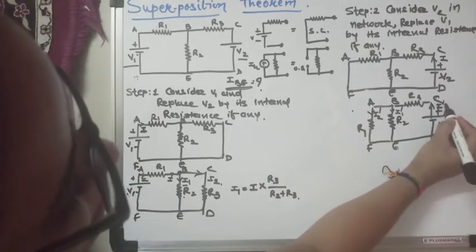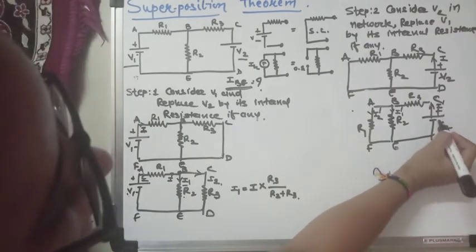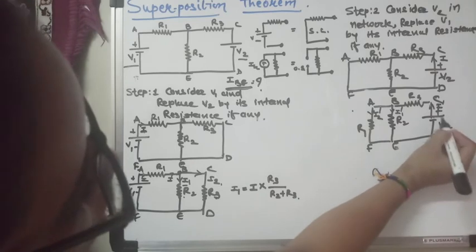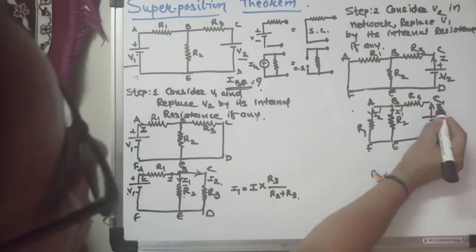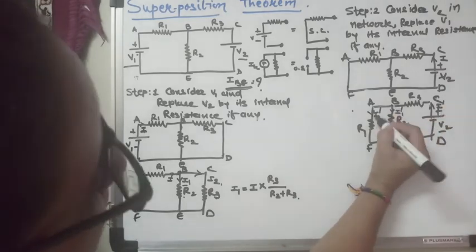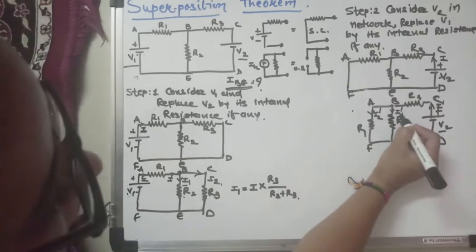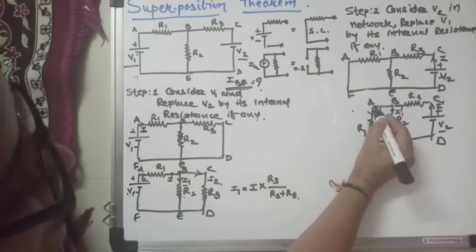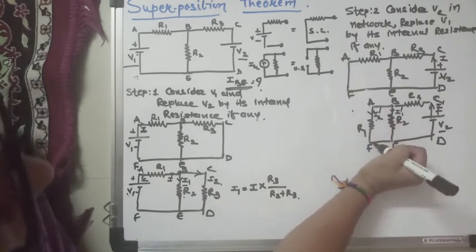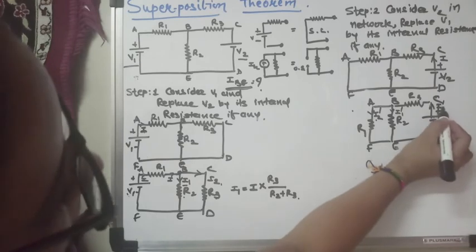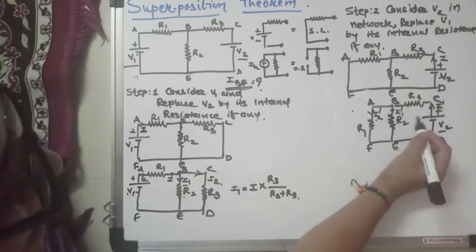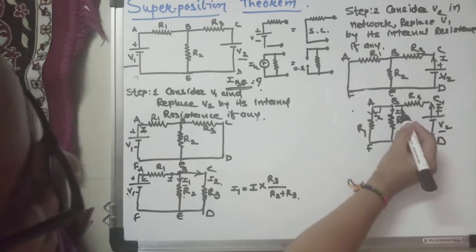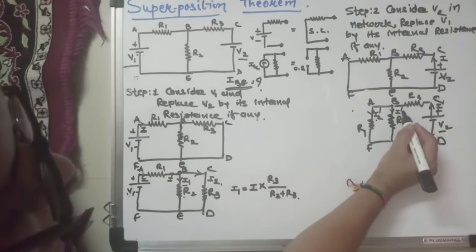Here I dash is the total current supplied by the source V2, and it is divided into two branches at node B: I1 dash flowing through the branch BE, and I2 dash flowing through the branch AF. Finally you will get the value of I1 dash by applying the division of current rule.